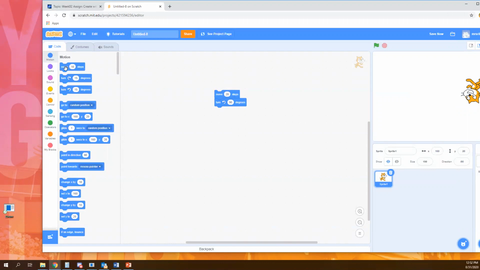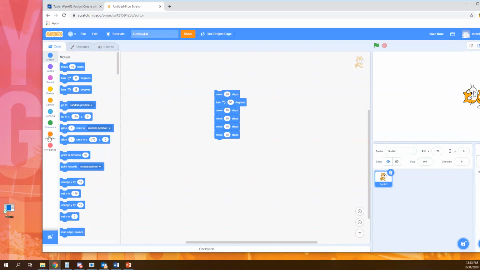I could have him take some more steps after he turns, and however I want him to do it. Now I could have him move a whole bunch. I can change the number in that move, or I could add a bunch of blocks down here to make it happen a bunch of different times. So those are our motion blocks. We can move to a certain direction, change our XY coordinates, all those kinds of different things.